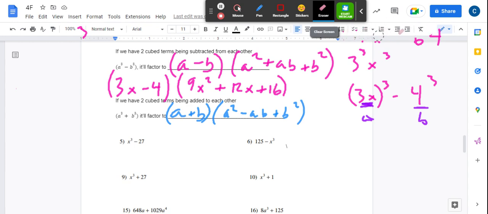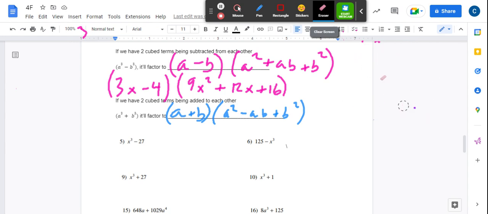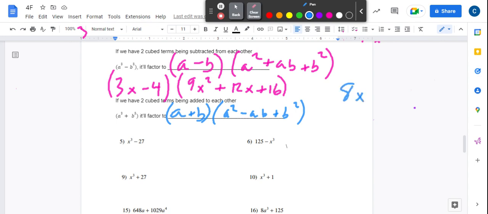So if I do an example of that, let's take something simpler. Let's say we have 8x cubed plus y cubed or something like that.